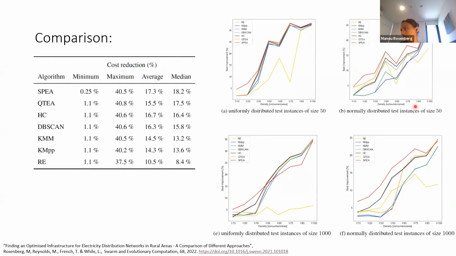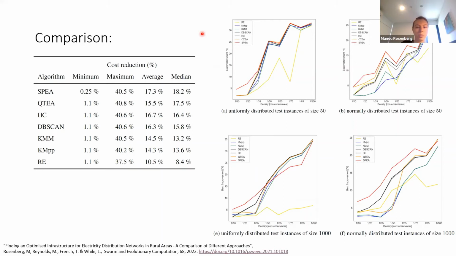These are just two examples. What we can see on average is that the removing edges baseline approach performs worse, and that our evolutionary algorithms usually perform better.